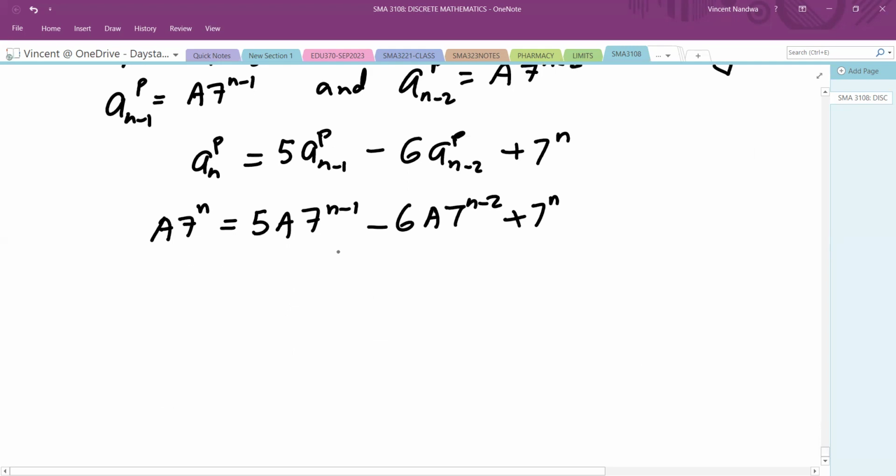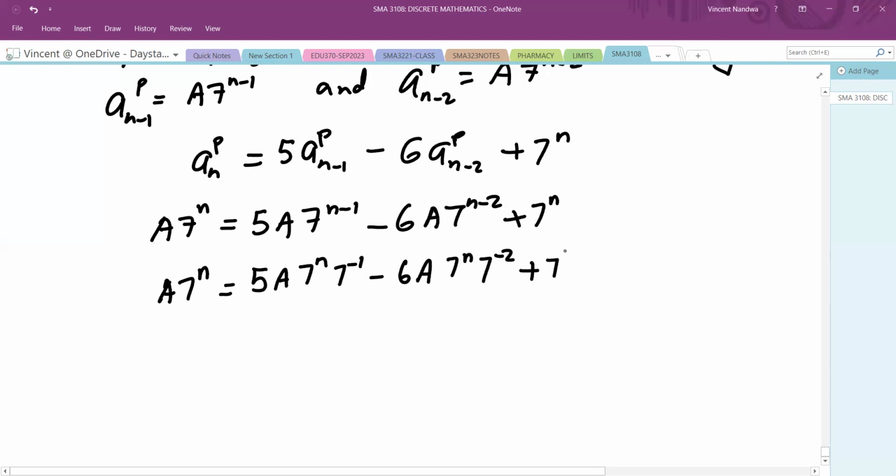So now I play with this equation to find the value of the constant A. I'll have A times 7 power n equals 5A times 7 power n times 7 power minus 1, by the laws of indices, minus 6A times 7 power n times 7 power minus 2, plus 7 power n.